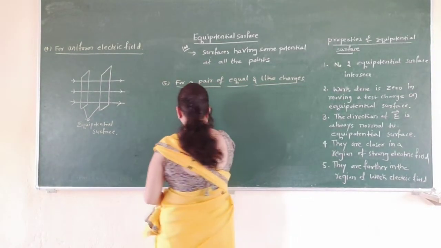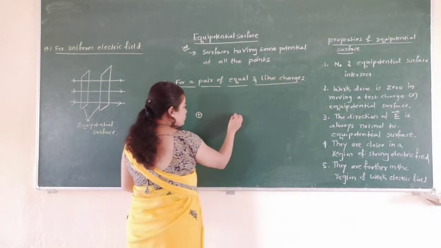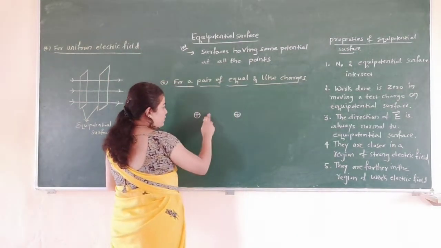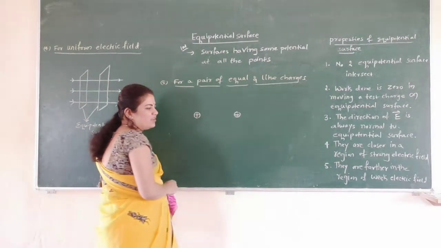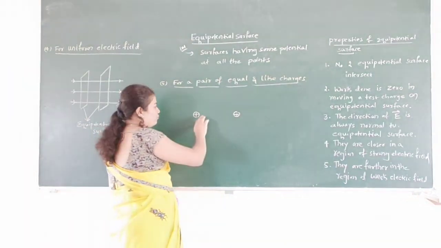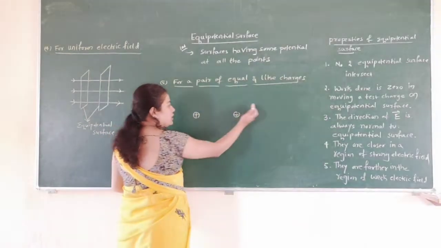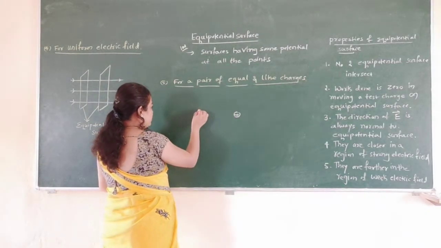Okay, we will take both plus. This is also plus and this is also plus. So in between these two, electric field is 0, very weak. So where the field is weak, they are farther from each other. So here the electric field will be strong. So we will draw like this.